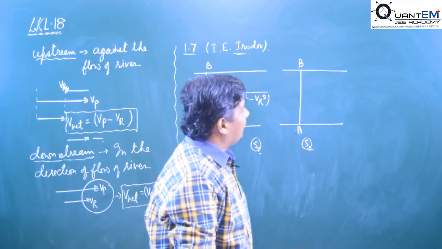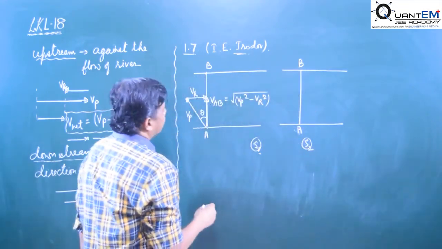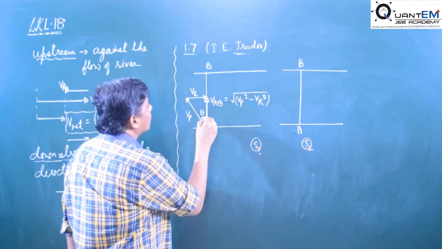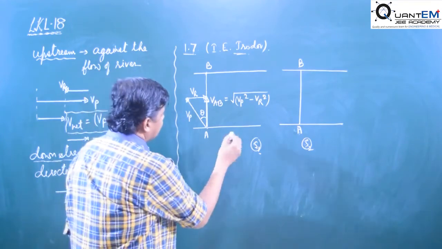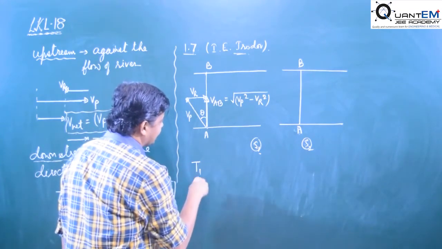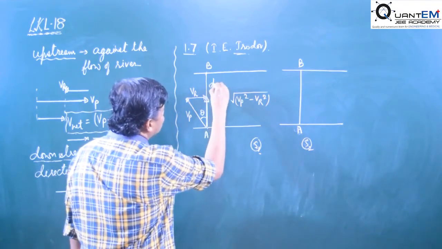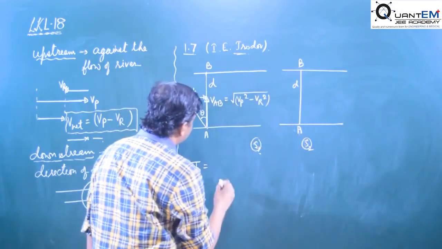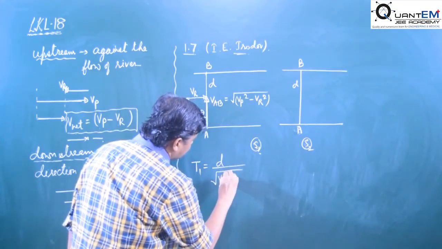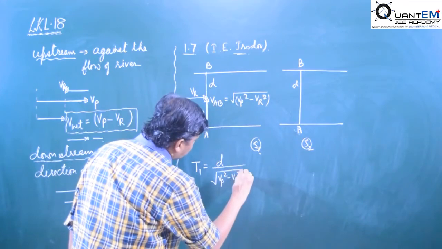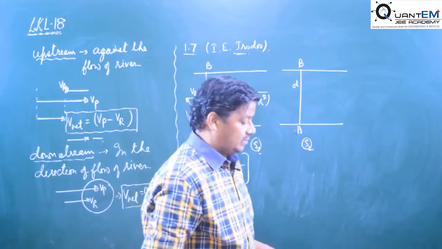First case was minimum time taken by the particle to cross the river, and the second was the time taken by the particle to cover the minimum distance in crossing the river. So time taken here for the first swimmer, suppose T1. T1 is the distance covered, suppose the width of river is D, so D divided by under root VP square minus VR square. So from the given statement we find the value of time taken by the first swimmer.